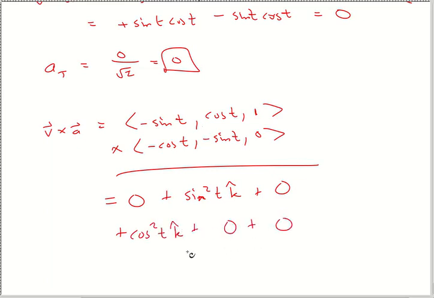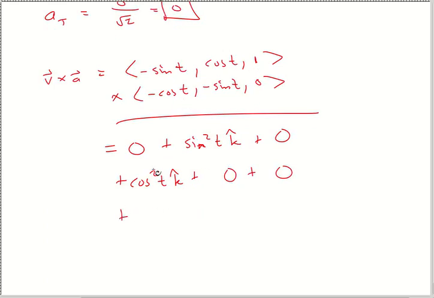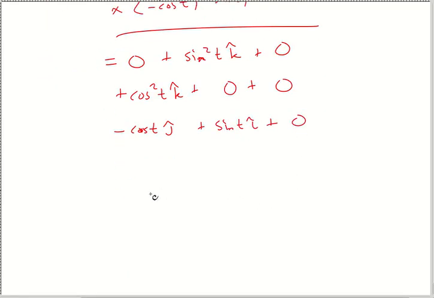Anything times 0 is a 0. 1 times anything is itself. And so this down here is going to be a positive j component. So you're honestly going to get a negative cosine t j component. Right here, this is a negative i component. 2 negatives make a positive. So it'll be a positive sine t i component, and then always a 0.